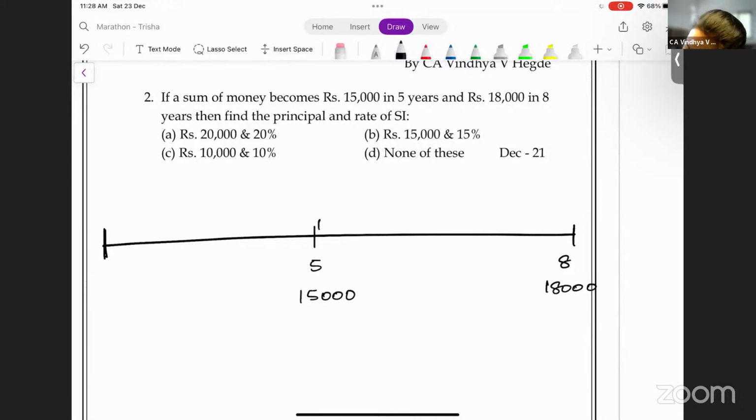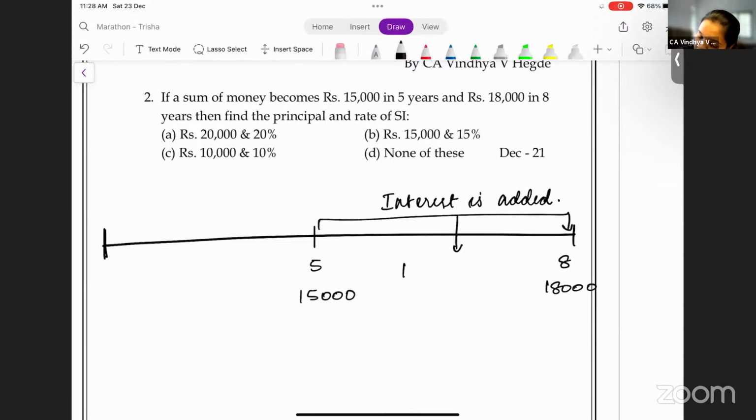Here 15 has become 18 because, can I say, interest is added? So how much is that interest? 18,000 minus 15,000. That makes it 3,000 total. Correct?